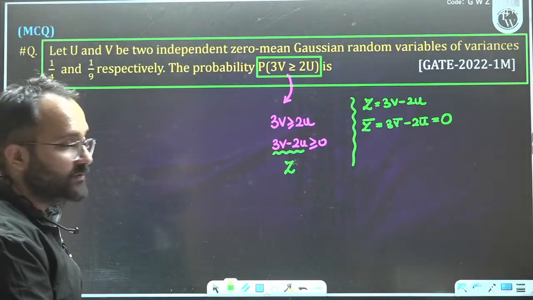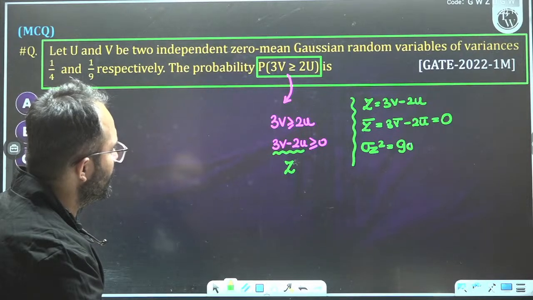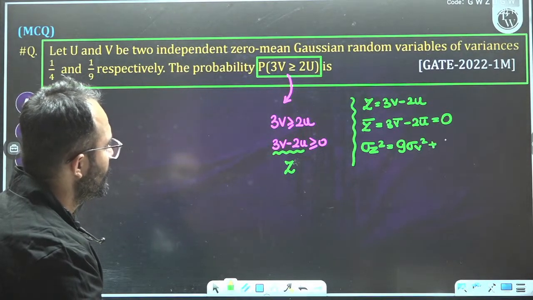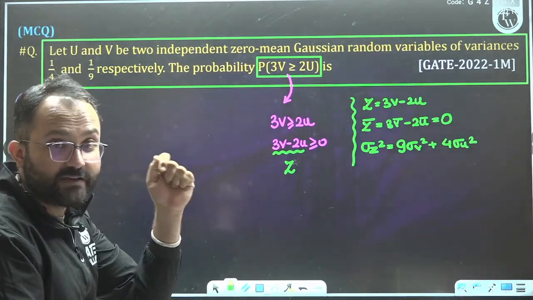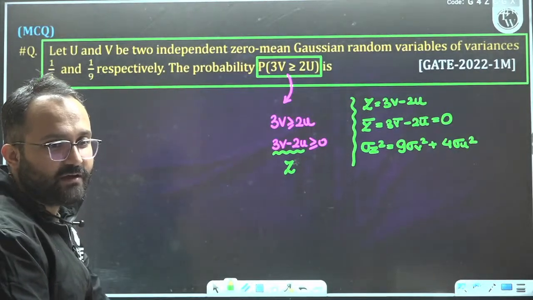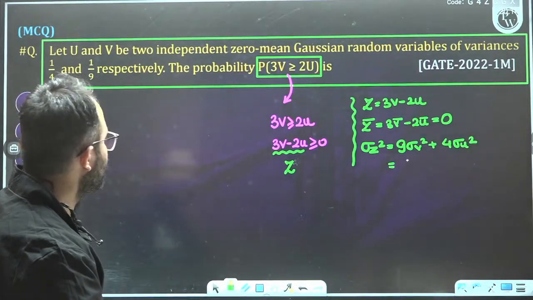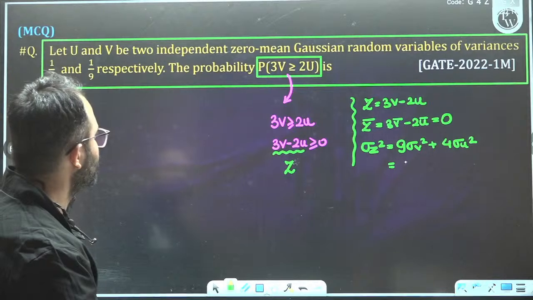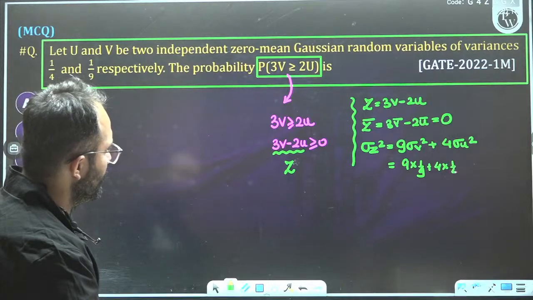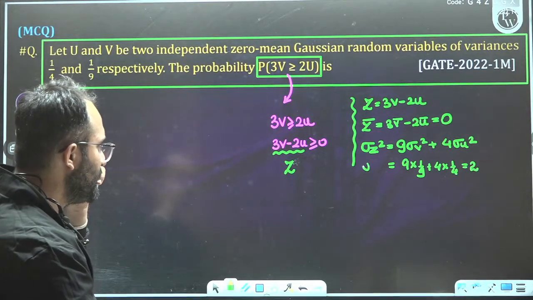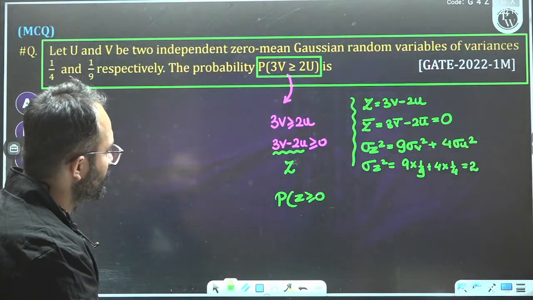We can see that the variance of Z will be 9 times the variance of V plus 4 times the variance of U, because they are independent, so we will not have the covariance term that we would have in the 3V minus 2U expression. You can see this will come out to be 9 into 1 by 9 plus 4 into 1 by 4, that is 2, the variance of Z that we have got. Now we have to find out the probability Z greater than or equal to 0.